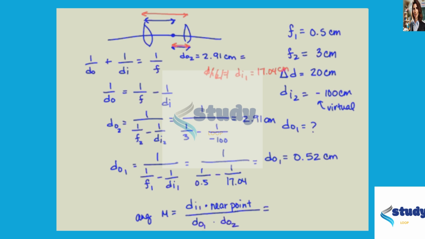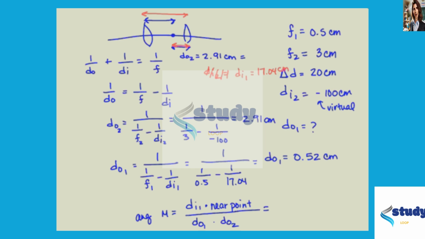Okay. And so again, instead of using DI2 for the first one, we're actually going to be using the near point of the eye since this is a microscope. So we do want to put the image where the eye can see it. So that's why we're using near point here instead of DI2.